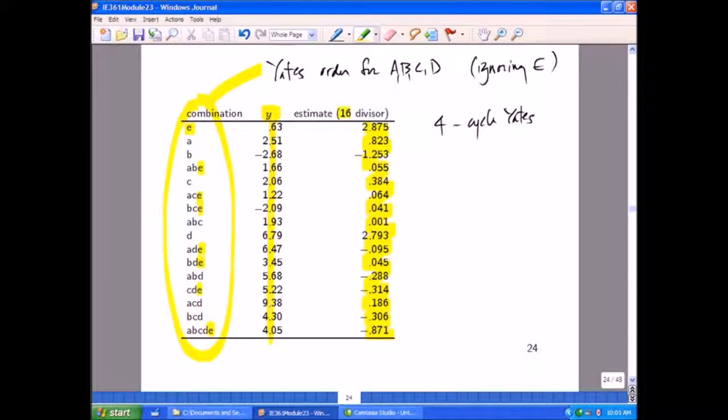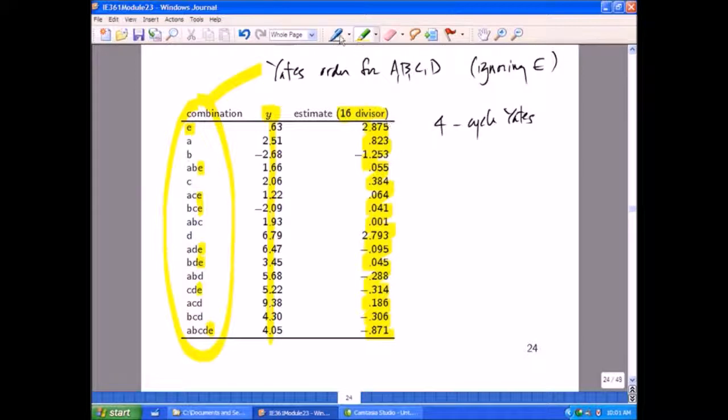Those values are made with a 16 divisor, not a 32 divisor, because in terms of doing data analysis, I temporarily ignore the last factor. And now the question is what to make of these values in that last column.